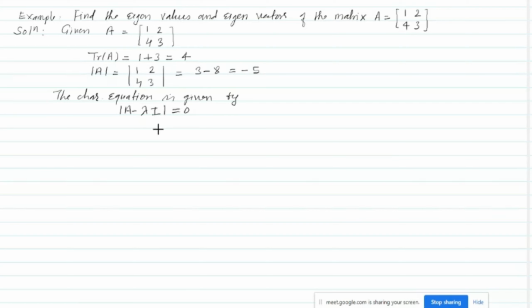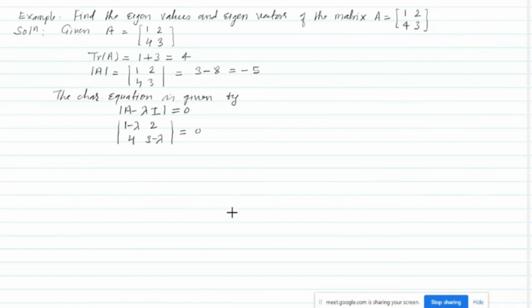This is the characteristic equation. Now write down your characteristic equation. So you will have 1 minus lambda. You have to subtract lambda from the diagonal elements. So 1 minus lambda and 2 as it is, 4 and 3 minus lambda. And this is equal to 0.